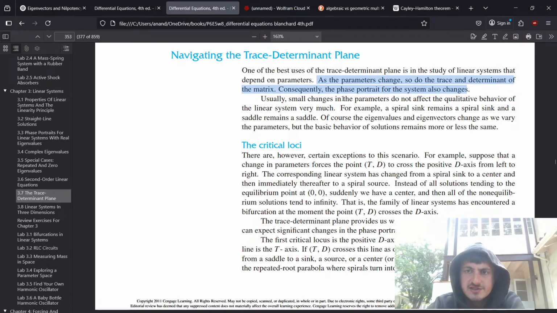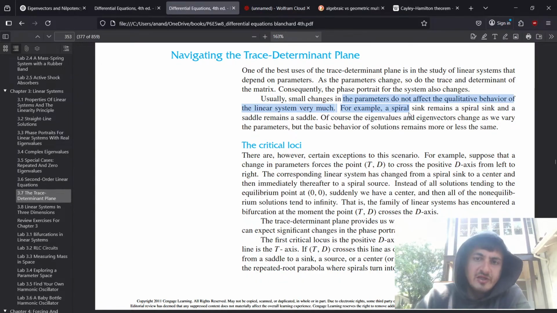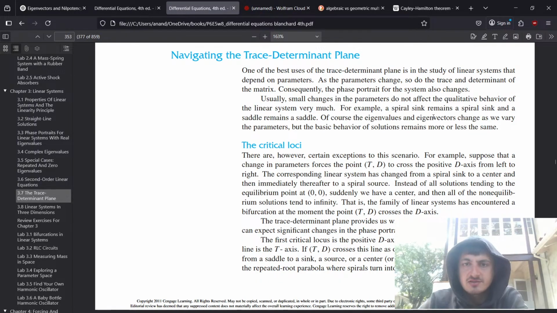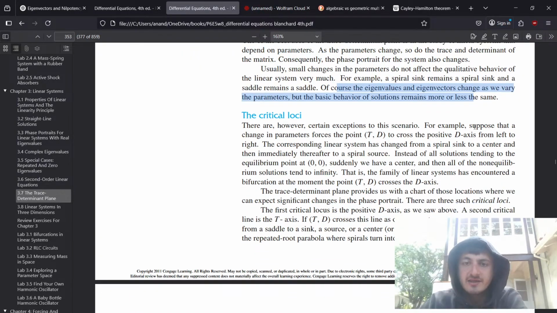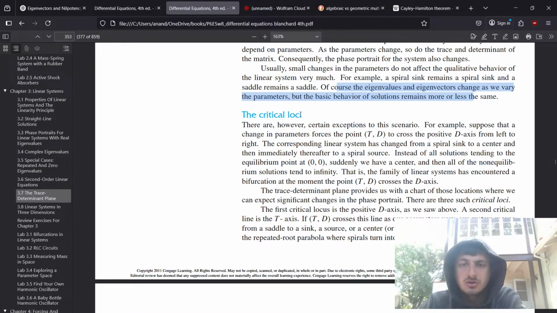Usually, small changes in the parameters do not affect the qualitative behavior of the system very much. For example, a spiral sink remains a spiral sink and a saddle remains a saddle. Of course, the eigenvalues and eigenvectors change as we vary the parameters, but the basic behavior of solutions remains more or less the same.